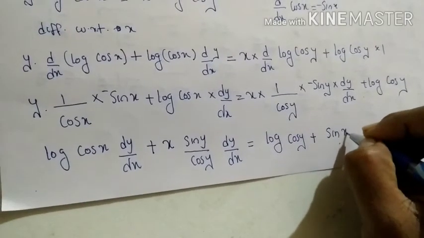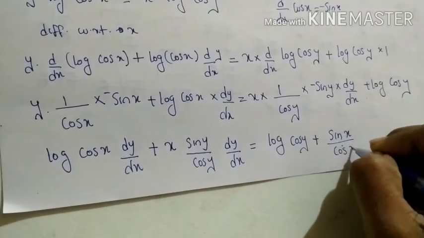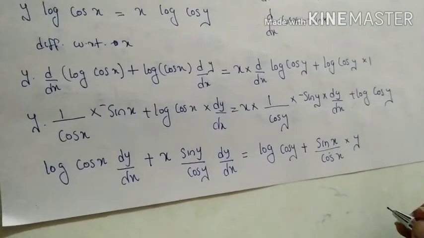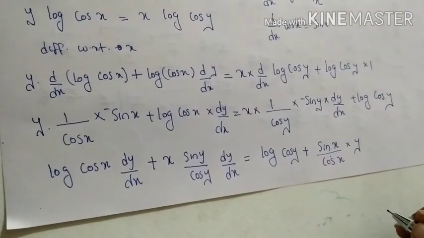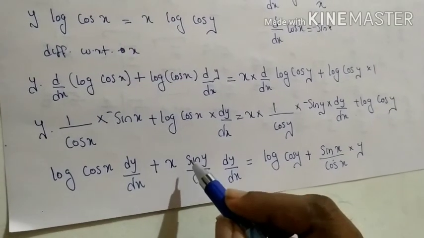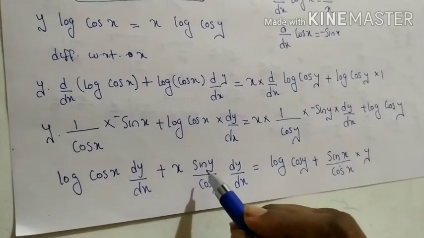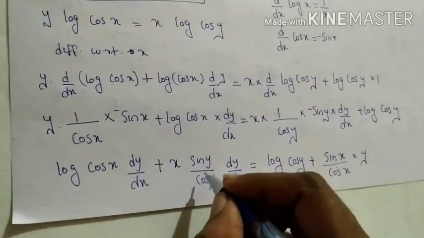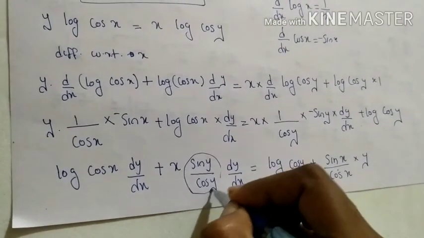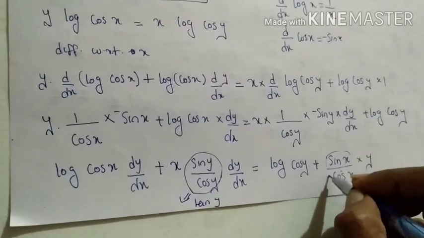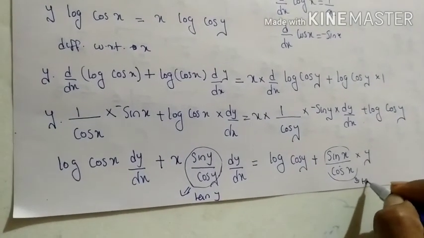So this will become sin x by cos x into y. Next I am going to convert all sin by cos to tan form. So this term will change to tan y, and this term will change to tan x.